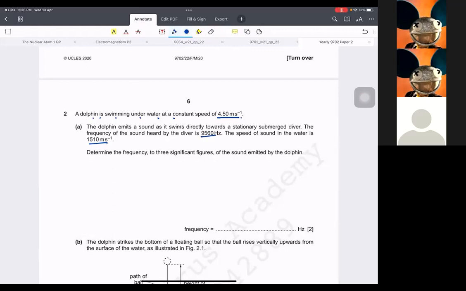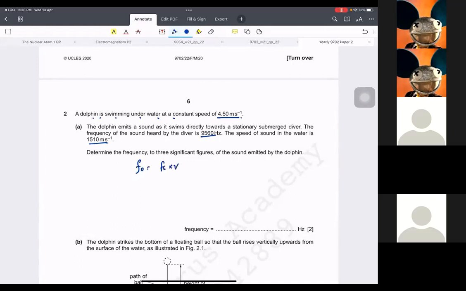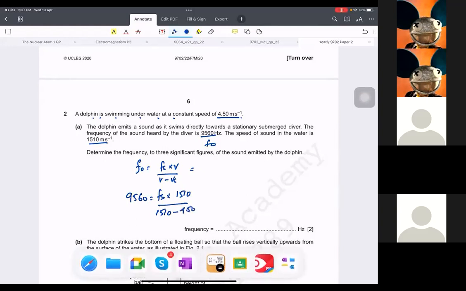Now it is moving towards the observer. What to use? f_observed equals f_s times v over v minus v_s. So that is the observed frequency, 9560, and we want the source, minus 4.5. Let's try this.